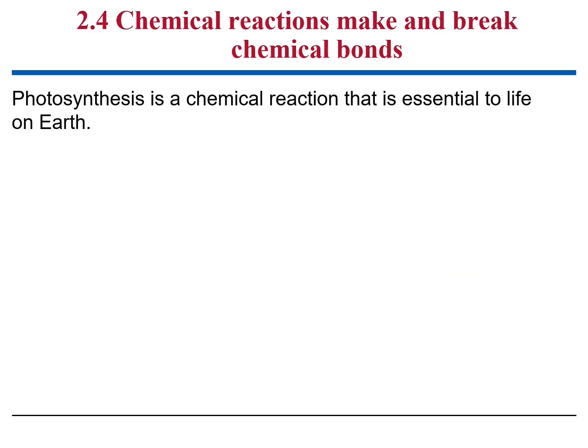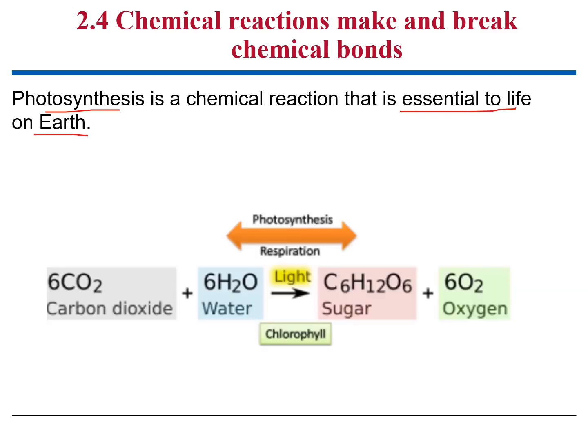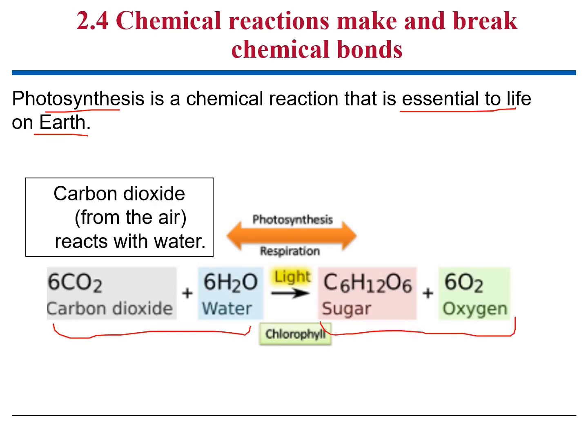To finish, I'm going to show you an example of a chemical reaction that is a little bit more complex. That is photosynthesis, a chemical reaction that is essential for life on our planet. Here are the reactants, and here are the products.